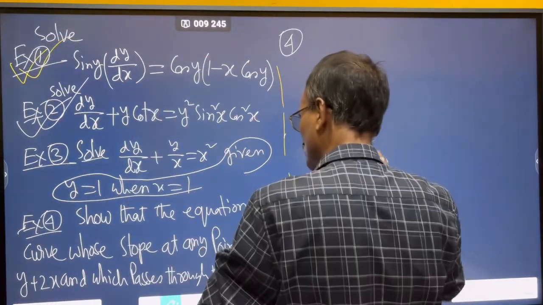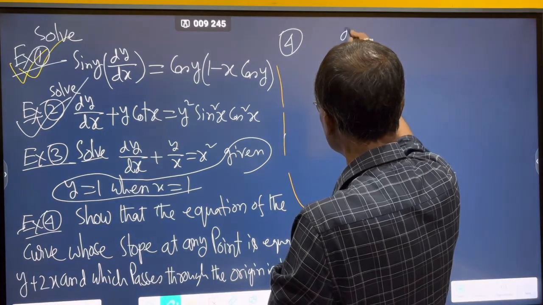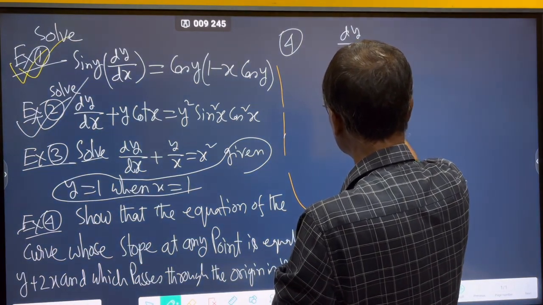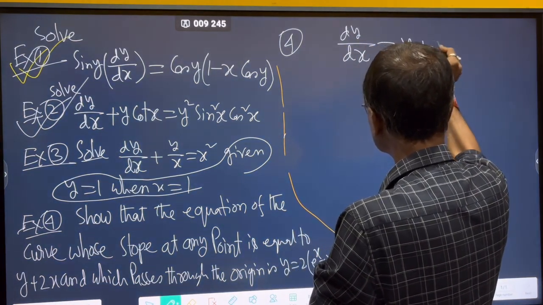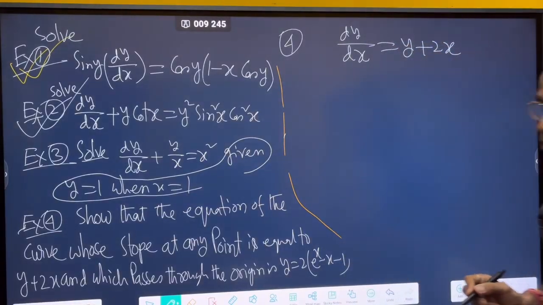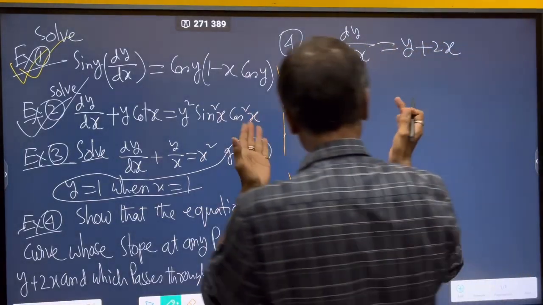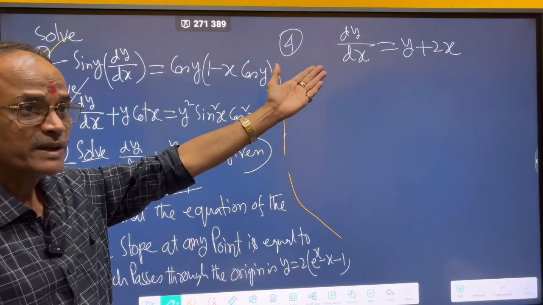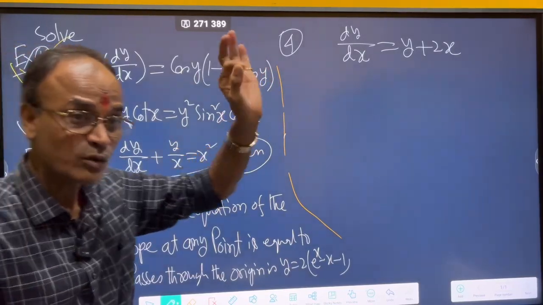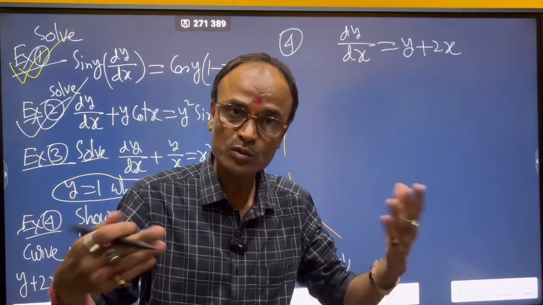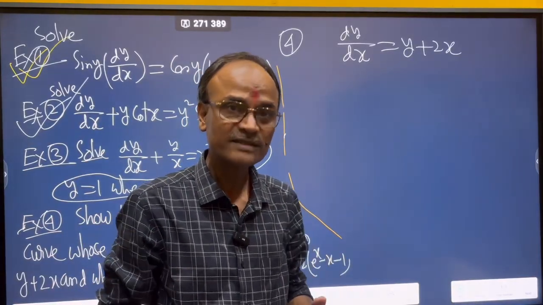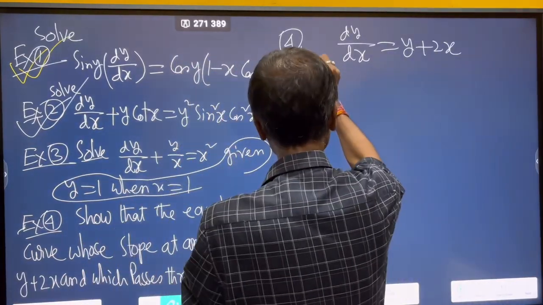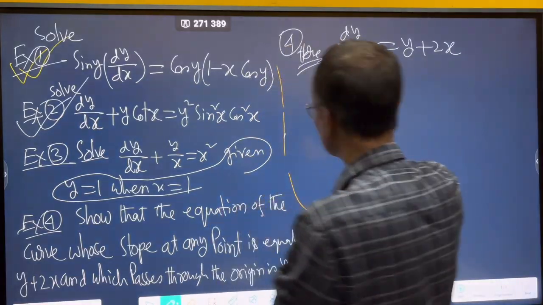Here dy by dx, the slope of the curve, is equal to y plus 2x. You may write it here also, or you may write like that.